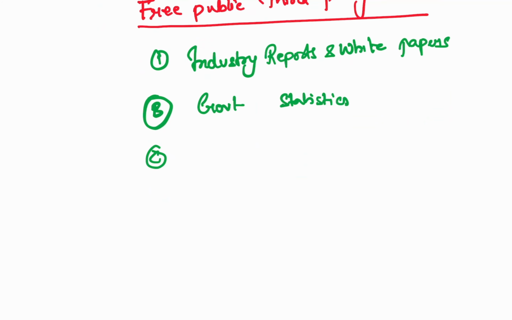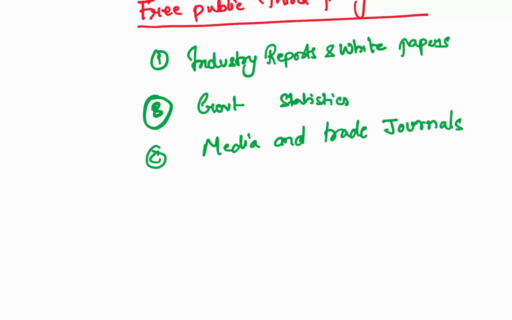Clear? Media and trade journals. See, news articles. Most specifically, industry specific magazines cover competitor performance, regulatory updates, market movements.